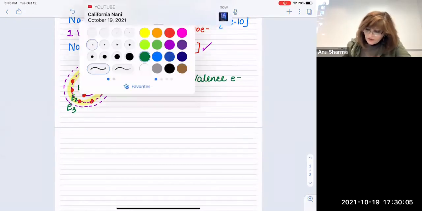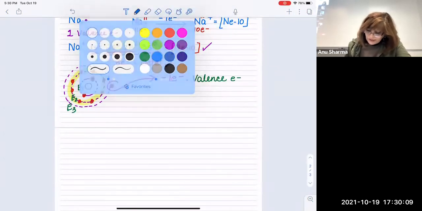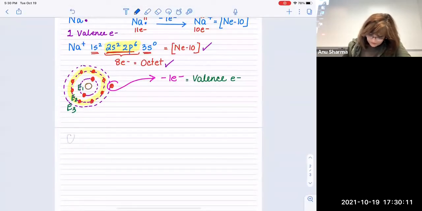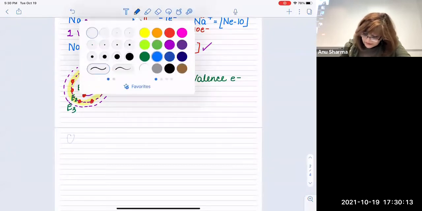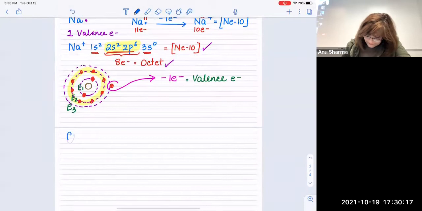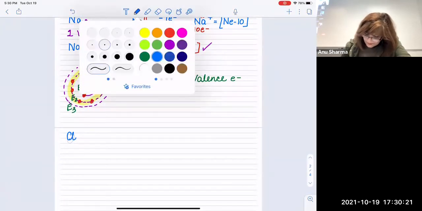Now let's look at where that 1 electron goes. That 1 electron goes to chlorine. So here is chlorine.